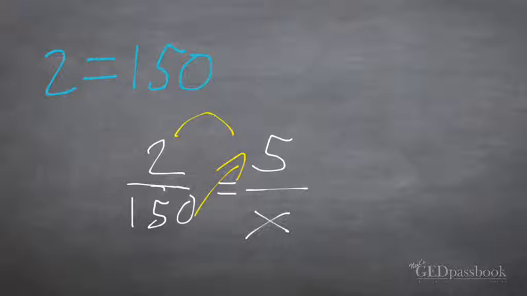You then divide 750 by 2. What's 750 divided by 2? 375. Guess what? My x equals 375. So 5 inches on this map in real life is 375 miles.